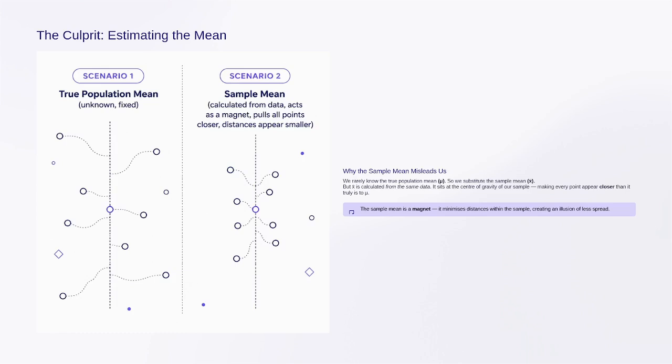Looks neat. But notice something. That mean comes from the same data and is especially positioned to sit in the center. It naturally pulls all points closer, so that makes the spread look tighter, like a magnet. That's why sample variance becomes too small.